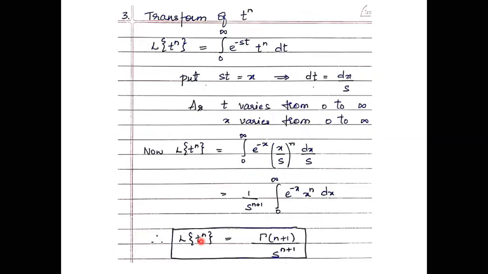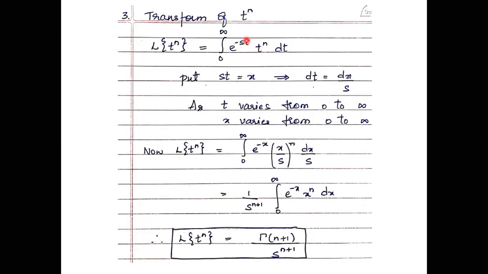Going to the third one, Laplace transform of t power n. Using the definition of Laplace transform, I have 0 to infinity e power minus st t power n dt, and I've used the substitution method to solve this integral.